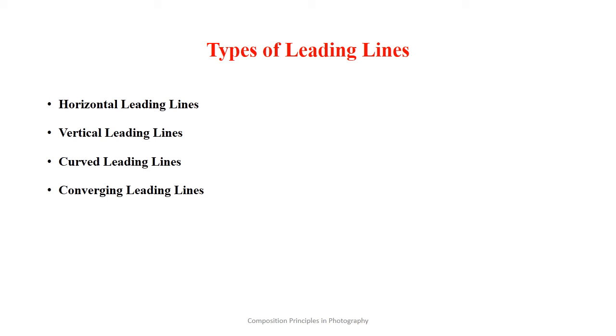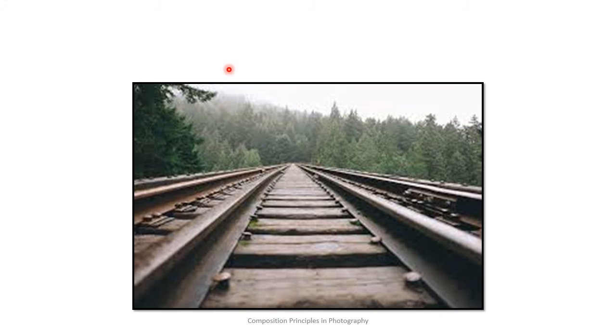Again, we ask what are the different types of leading lines. So we can find them in the form of horizontal leading lines, vertical leading lines, curved leading lines, and converging lines. Take this example. This is the example of the horizontal lines, all right, and this is again the example of the vertical lines.